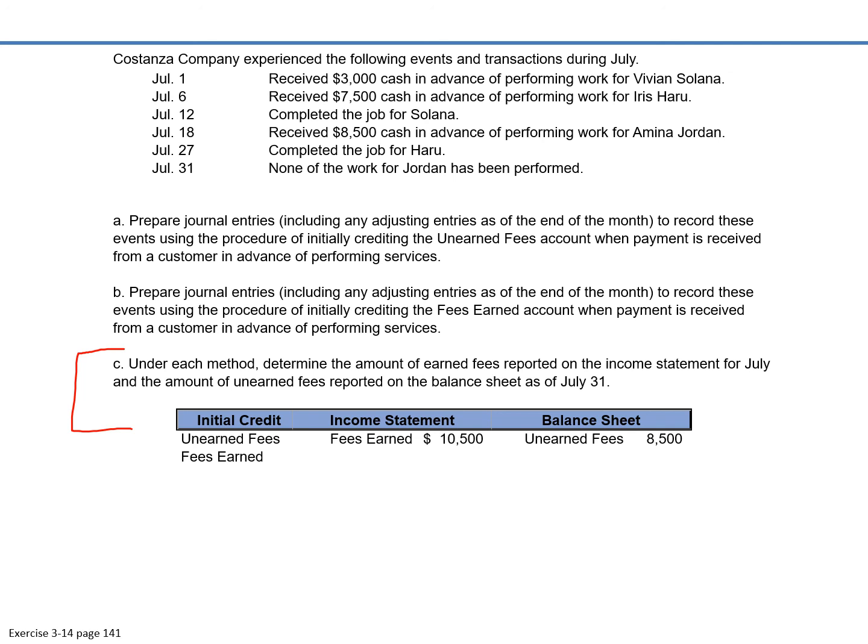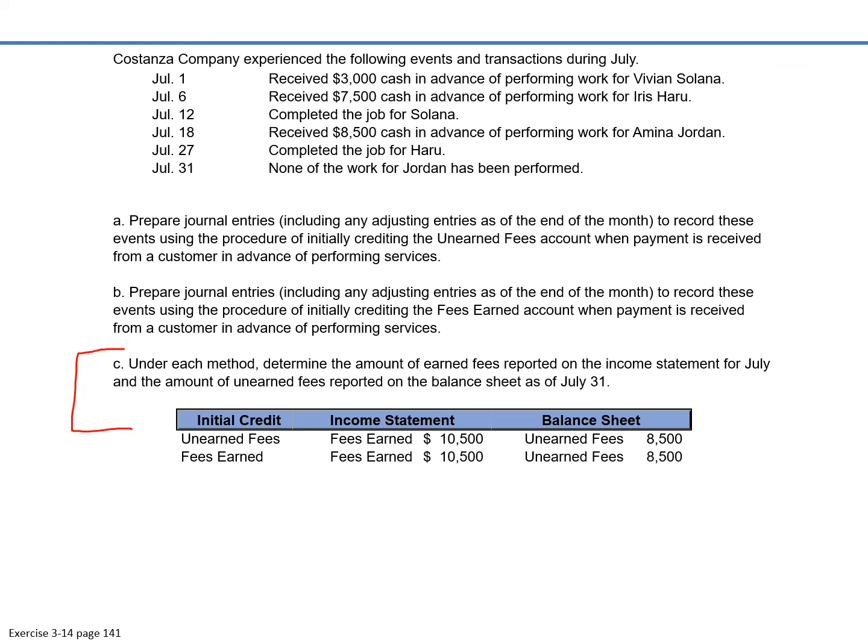That's if we initially, that's letter A, when we initially record our transactions to the unearned fees. When we initially record our transactions to the fees earned, it's going to be $10,500. And unearned fees is going to be $8,500.